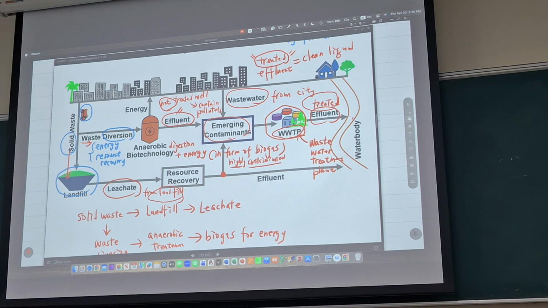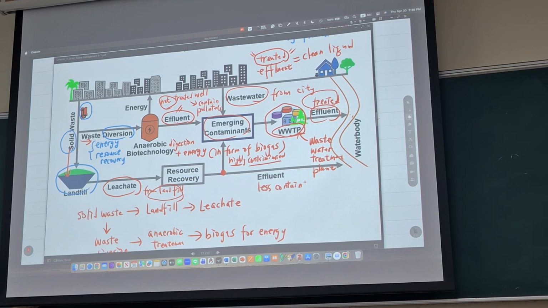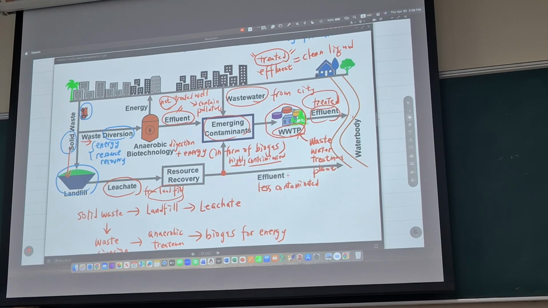If this is less contaminated, you can just discharge it into the water body.